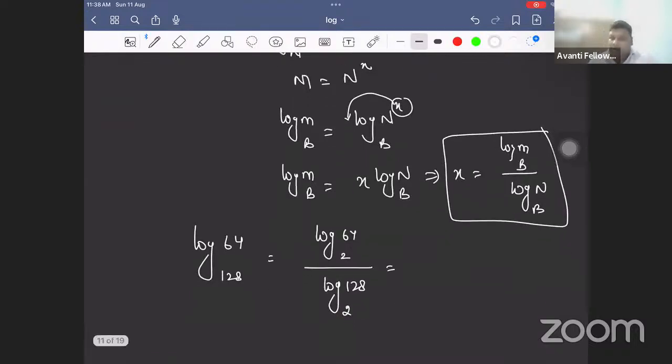Now the numerator is what? What should be the power of 2 to make it 64? 7. Sorry, 6. What should be the power of 2 to make it 128? 7. So your answer is 6 upon 7. Got it?